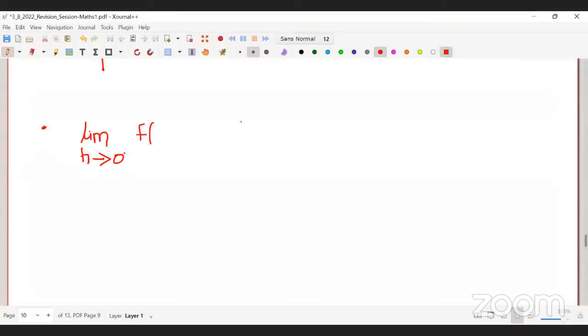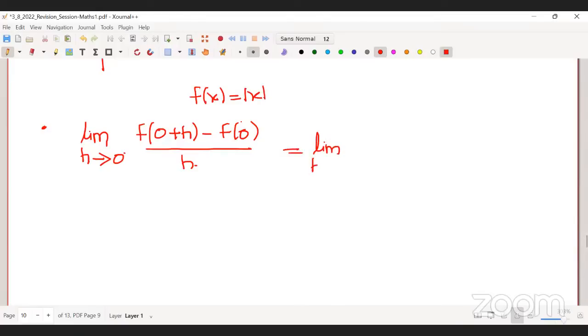I need to check this one: f of 0 plus h minus f of 0, by h. My function is f of x equal to mod x. So this is the limit as h tends to 0 of f of h minus f of 0, which is 0, divided by h.